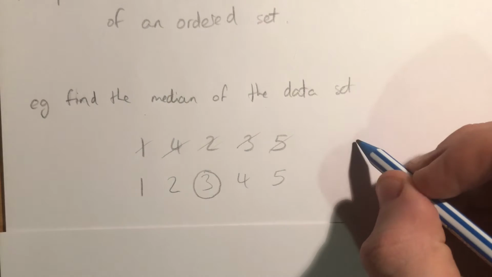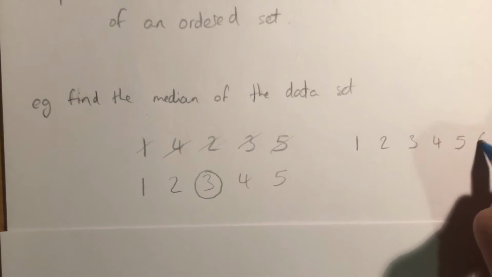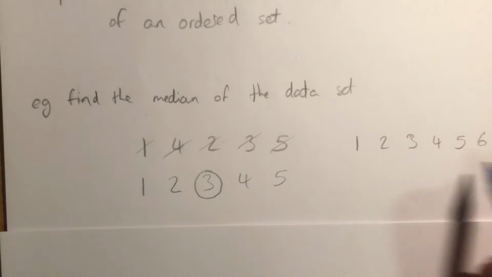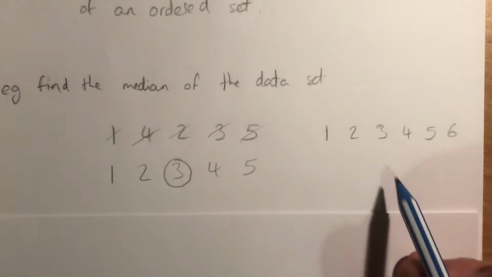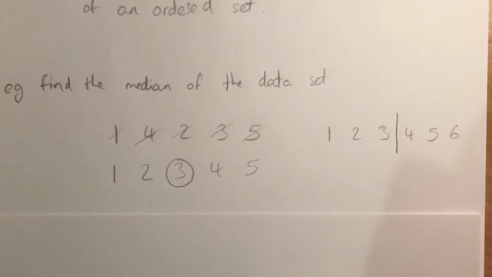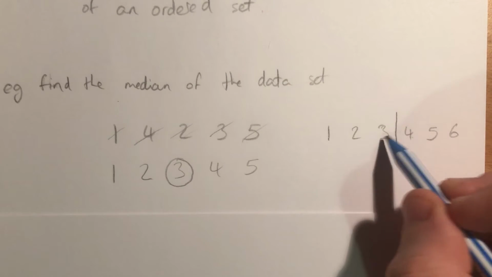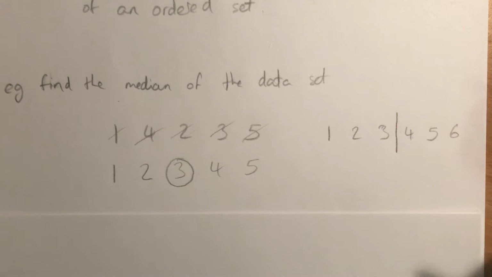Similarly, if this had been 1, 2, 3, 4, 5, and 6, we see that the median's a little bit harder to find here because the middle number actually falls between the 3 and the 4. So to work out the median of these two values, instinctively you might go, oh, well, halfway point is definitely 3.5. But what if it wasn't numbers this easy?